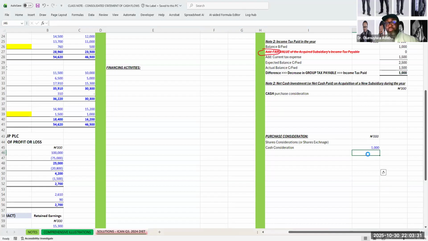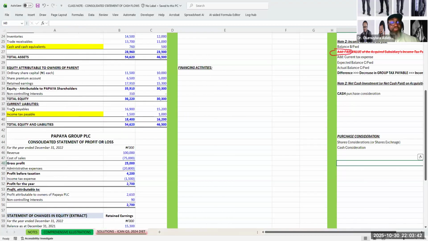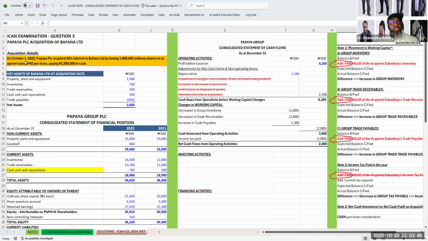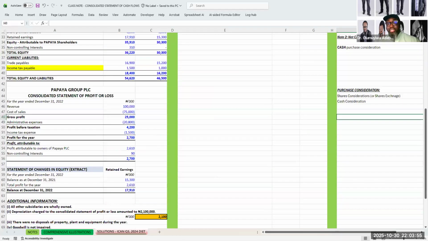Now, what is the share consideration? We'll go back to the question. The question says we acquire 90% interest in this entity by issuing 1 million shares at 2 naira.